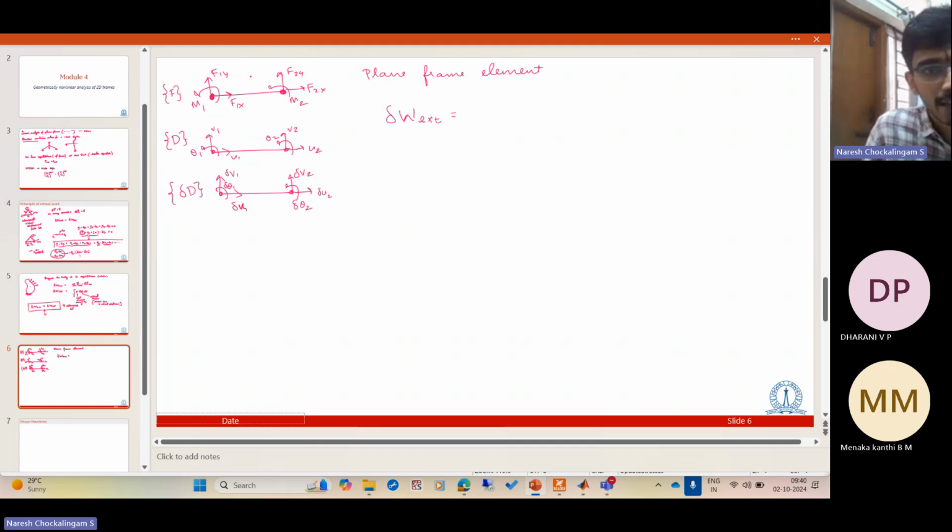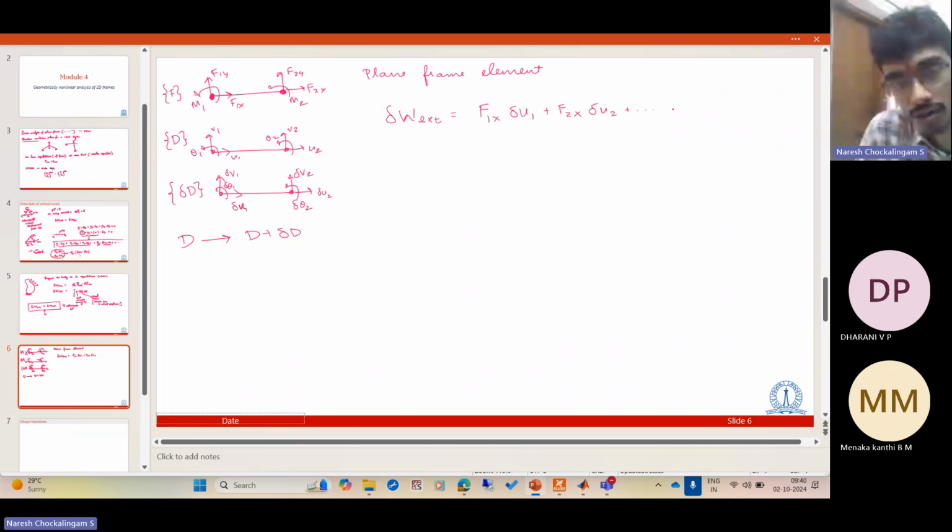So you're making small perturbations to the displacements while keeping the forces unchanged. That's the idea. In that process, what will be the virtual work done by the forces on this? So the forces are remaining unchanged while the configuration is going from D to D plus delta D. Right, in that process, what will be the virtual work done? It will be summation. So think F2x delta U2, and so on.